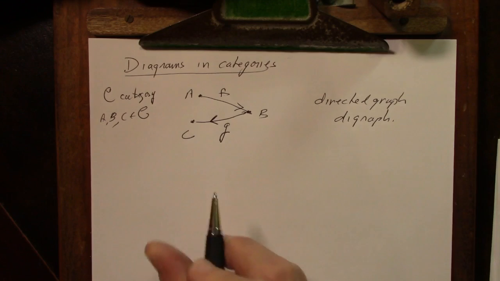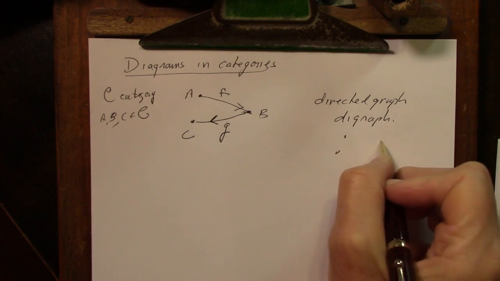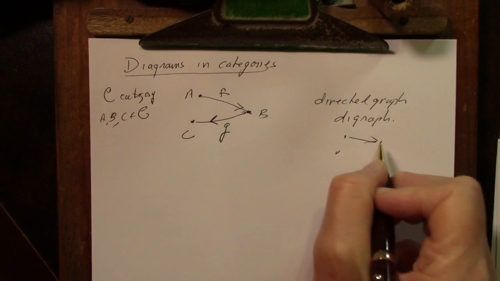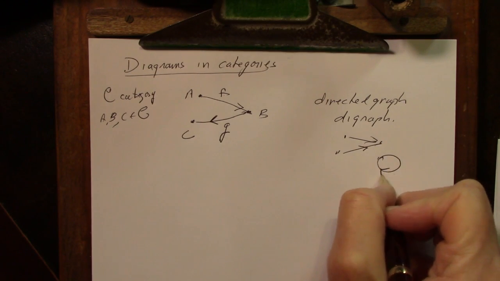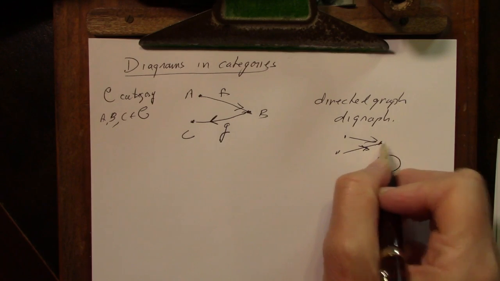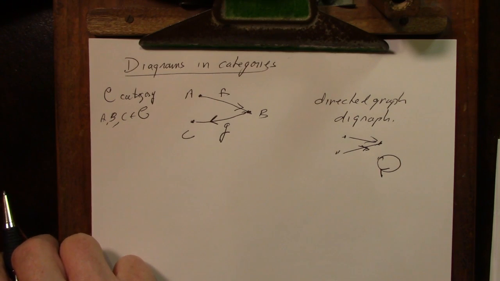This is a concept from combinatorics. It just consists of nodes and arcs. There can be loops, but they're all directed. They all have an arrow, a direction. Okay, and then we label the directed graph. We label the nodes with objects and the arcs with morphisms.